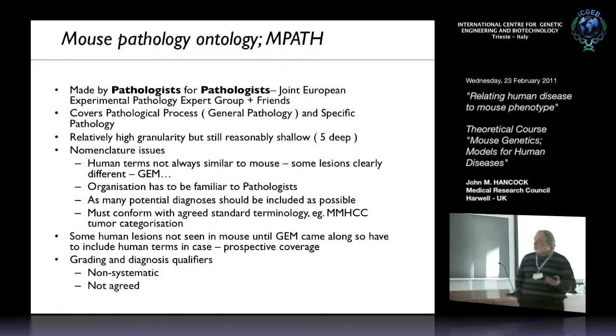So in terms of structure, for example, the organisation of MPATH is one that would be familiar to pathologists, which is in many ways good, but there might be issues with that for other purposes. And it doesn't have some quantitative features, but that's not surprising.